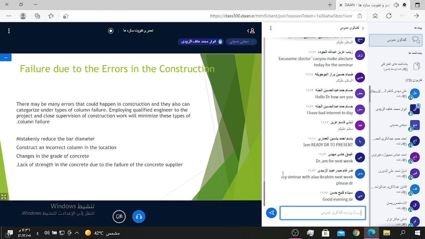Failure due to errors in construction. There are many errors that could happen in construction, and they can also be categorized under types of column failure. Employing a qualified engineer on the project and close supervision of construction work will minimize this type of column failure.